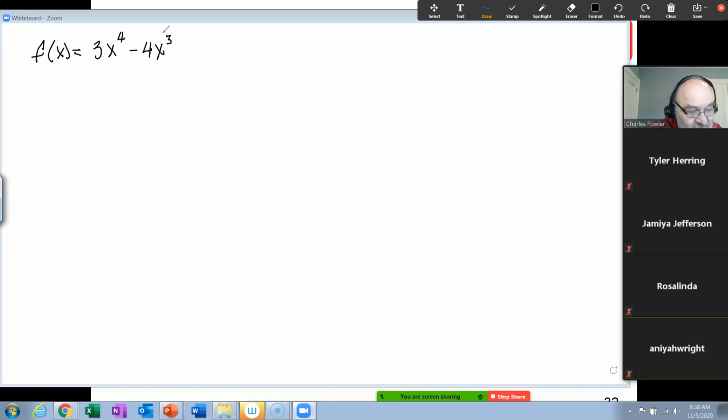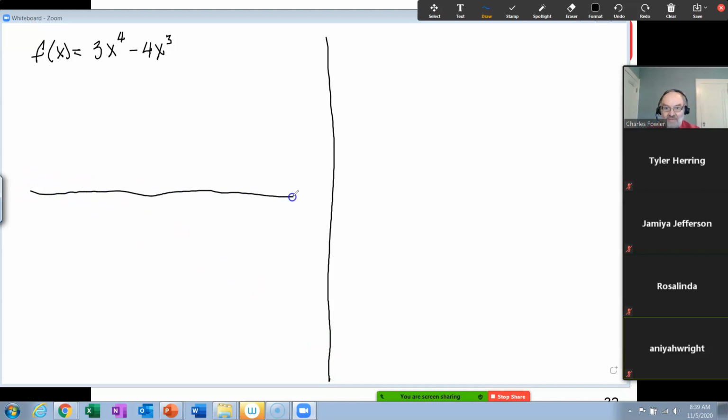Now, it says sketch the graph. It doesn't tell you anything else to do but sketching the graph. All right, now here's where I suggest that you start. Okay, draw something fairly close to a vertical line for the y-axis or the f-axis, and another horizontal line for the x-axis. Okay, tick off a few points.